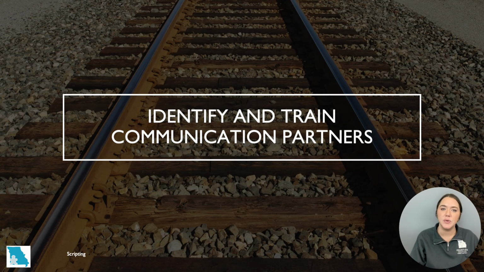So next we're going to identify and train communication partners. We mentioned peer-mediated instruction as an evidence-based practice that pairs well with social scripts, and that is absolutely true. We've also looked at peer scripts themselves on how we can use them or write them to help our peers or communication partners respond appropriately.